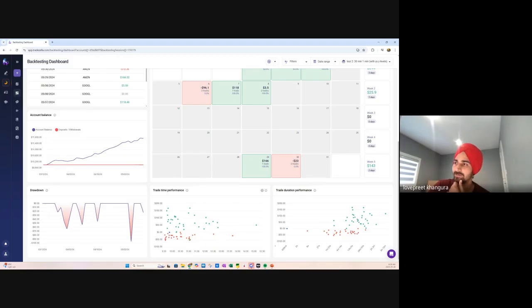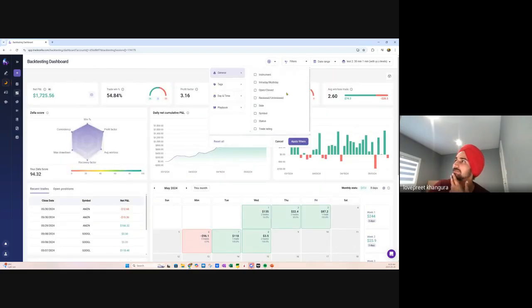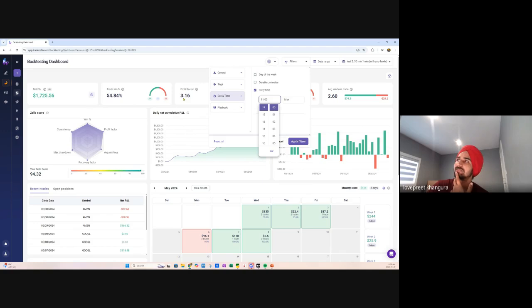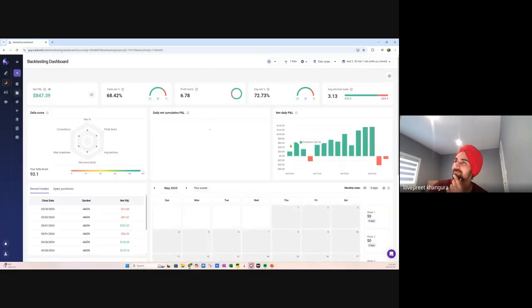Like, how do I perform if I start my trading at 11 a.m.? To do that, you filter the data using day and time, entry time. And then for the minimum, we'll put 11. Please remember the profit factor over here was 3.16. Let's see how we do after 11.